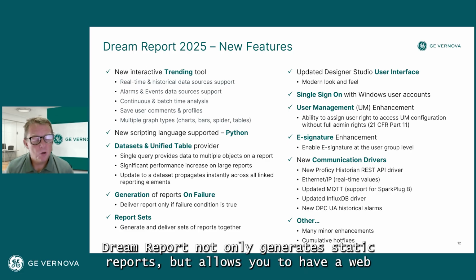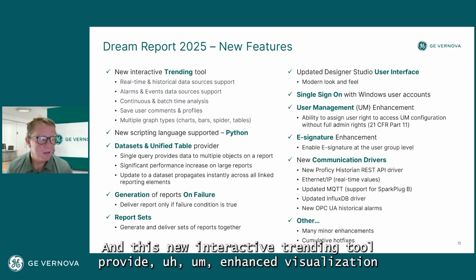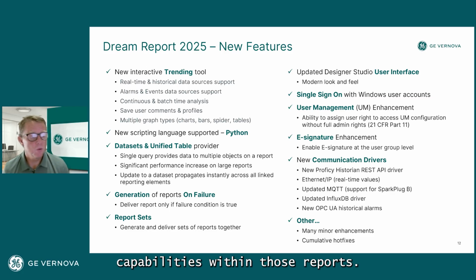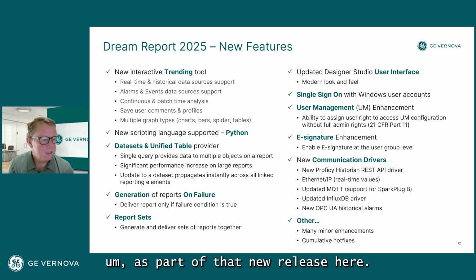Dream Report not only generates static reports, but allows you to have a web view that can give you live reports of what is happening in your system. And this new interactive trending tool will provide enhanced visualization capabilities within those reports. And you can see some of the other key features that will be added as part of that new release here.